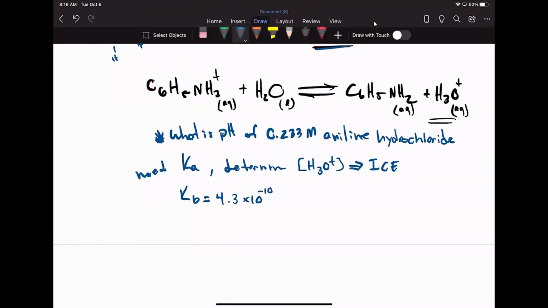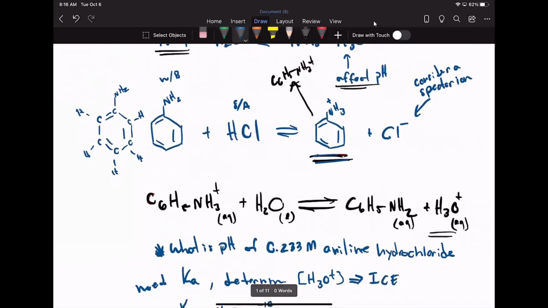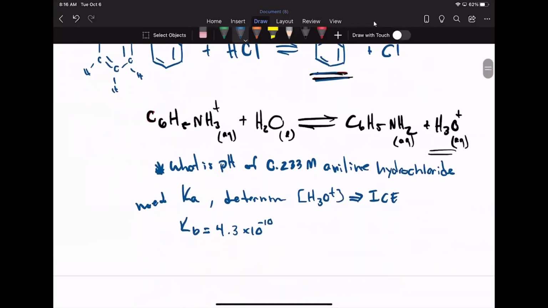So here we can figure out what the Ka is, because we have this formula: Kw equals Ka times Kb, and we know that Kw is equal to 1.0 times 10 to the minus 14.